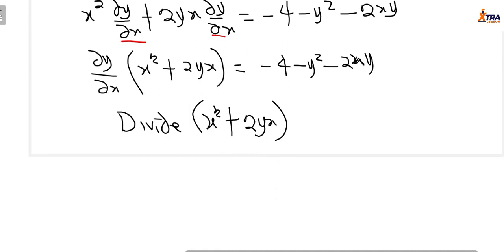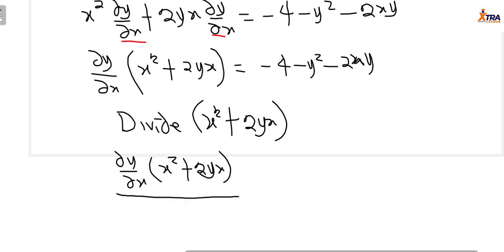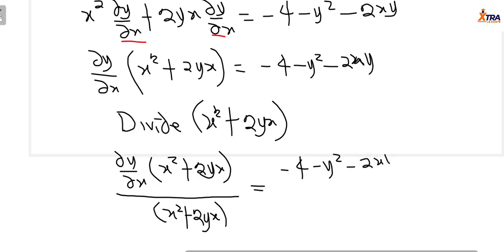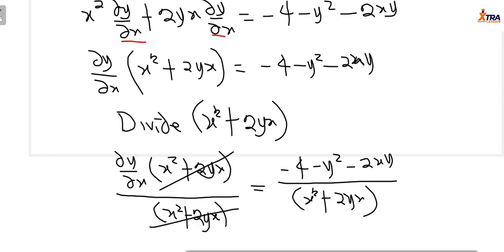So we have dy over dx times x squared plus 2yx, over x squared plus 2yx, which is equal to minus 4 minus y squared minus 2xy over x squared plus 2yx. So this will cancel this.